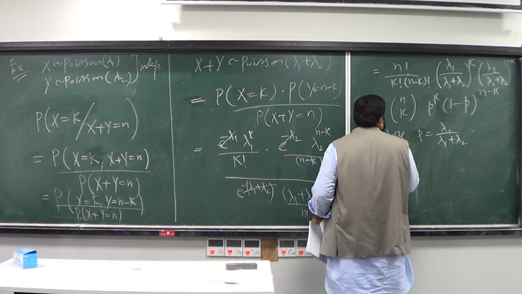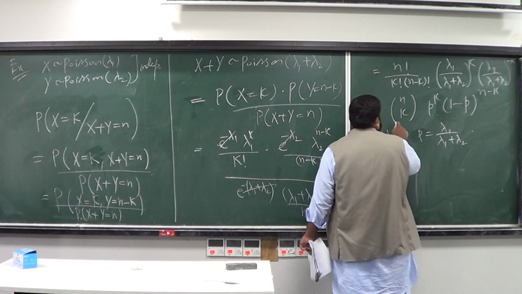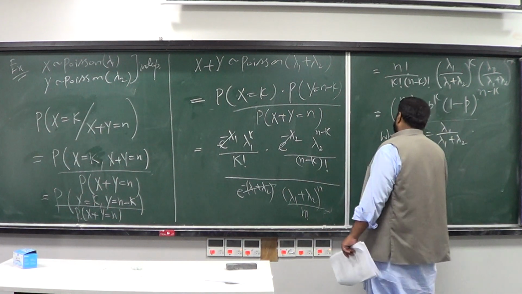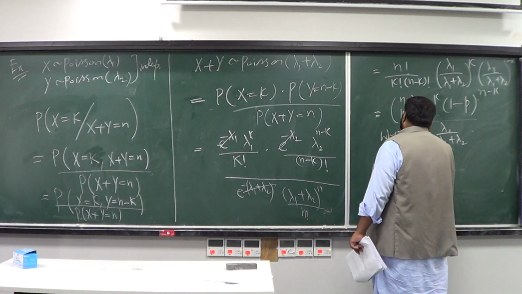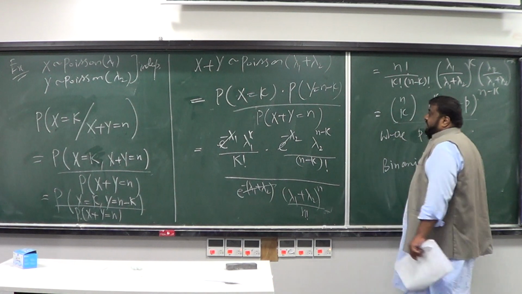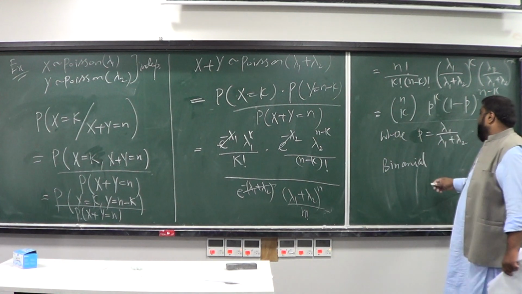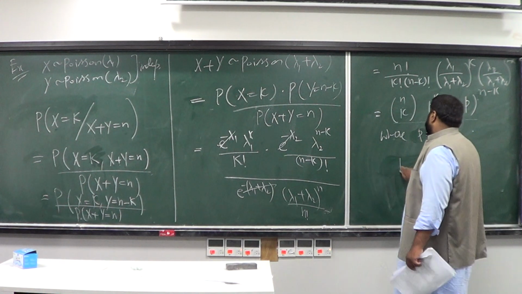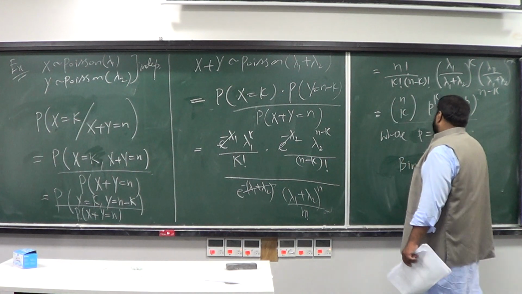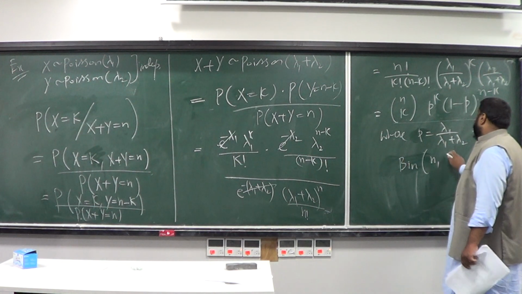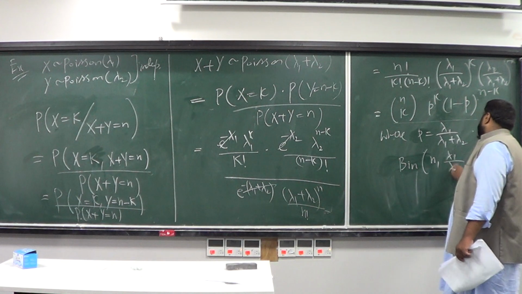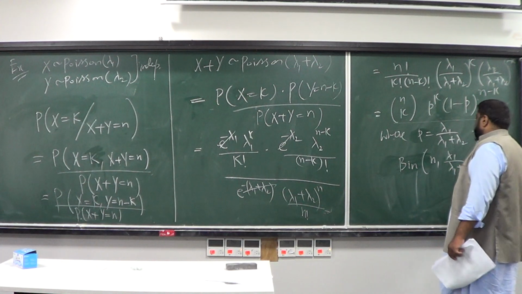This is really a PDF of a binomial distribution, actually a binomial distribution with the parameters n and p equal to lambda 1 over lambda 1 plus lambda 2.